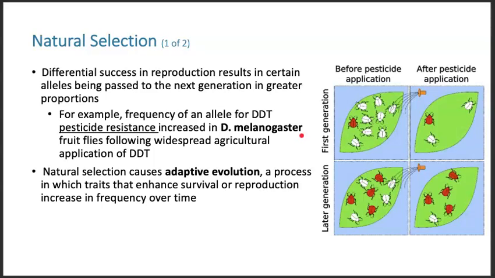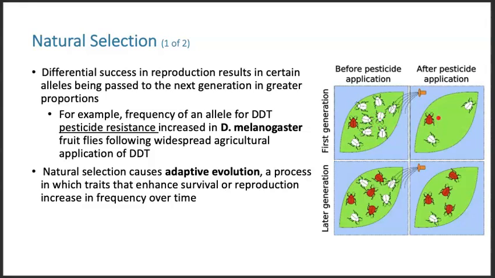Widespread, found in agricultural areas, and what happened during the time of DDT spraying is that these fruit flies evolved to be resistant to that pesticide. So here's the first generation before the application of the pesticide, here's the pesticide right there, and it killed a bunch of the fruit flies.